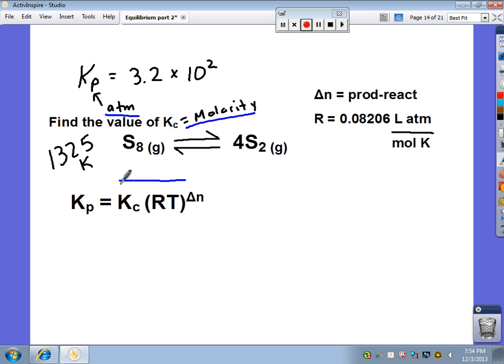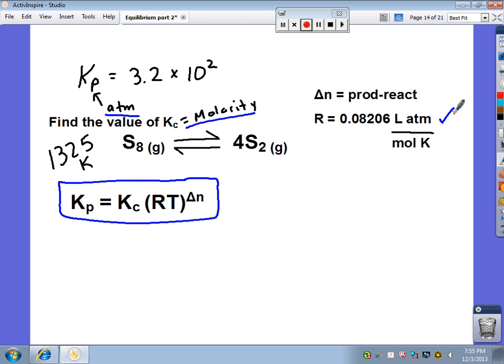And so here's our conversion to change it. Let's look and see what this means. That means if we know Kp, it's equal to the value of Kc times R and T multiplied together to the power of delta N. What the heck is that? Well, R is the universal gas law constant. You may or may not remember that from gas laws.